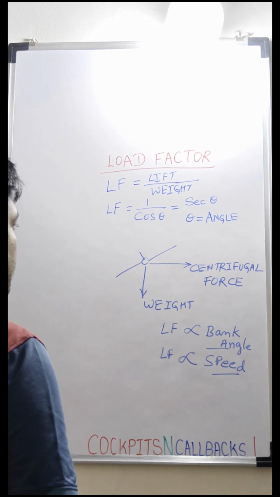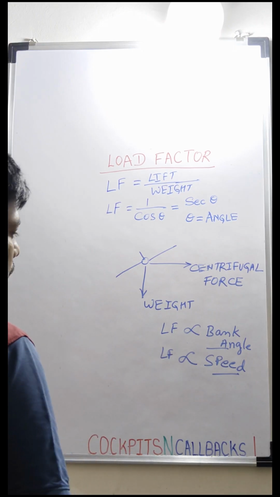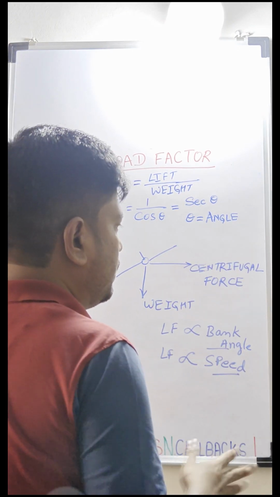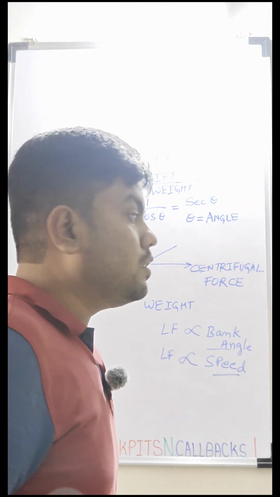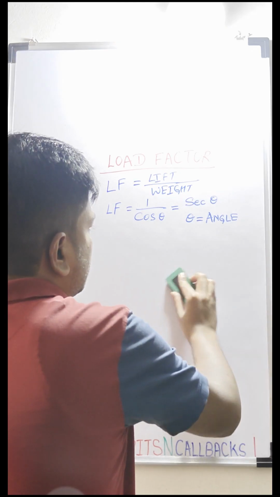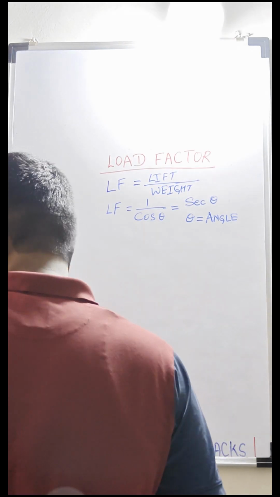Now, what happens if we increase the load factor? What is the impact of this load factor? Basically, we have studied that if the aircraft is banking, if the bank angle increases, the load factor increases. But what really happens if this load factor increases?